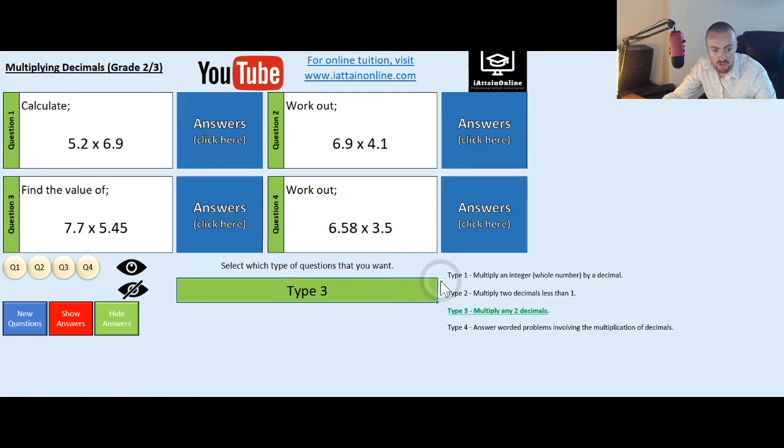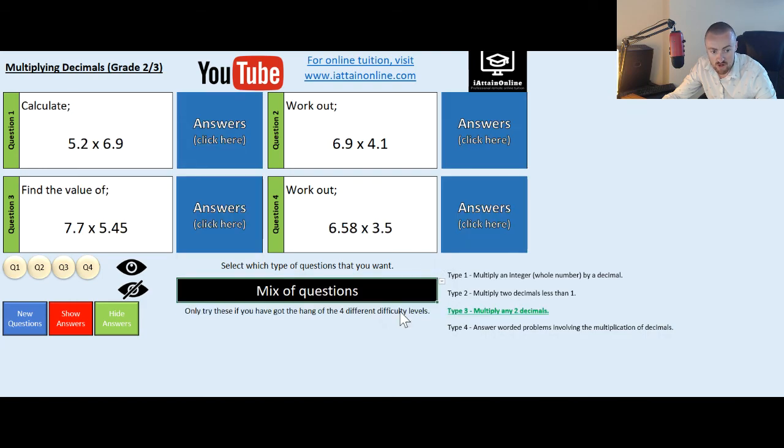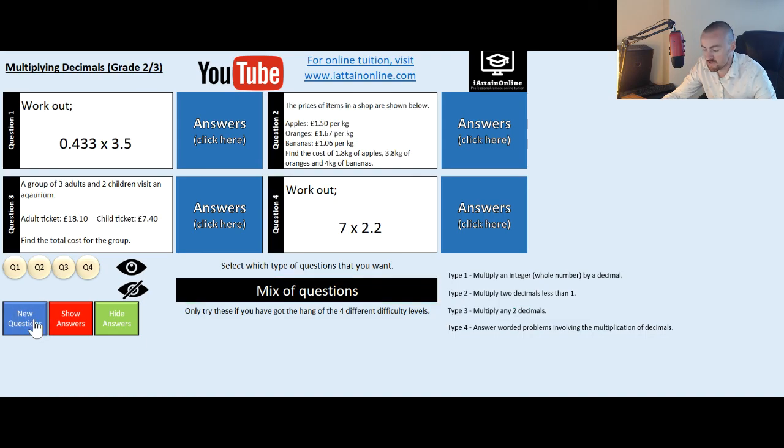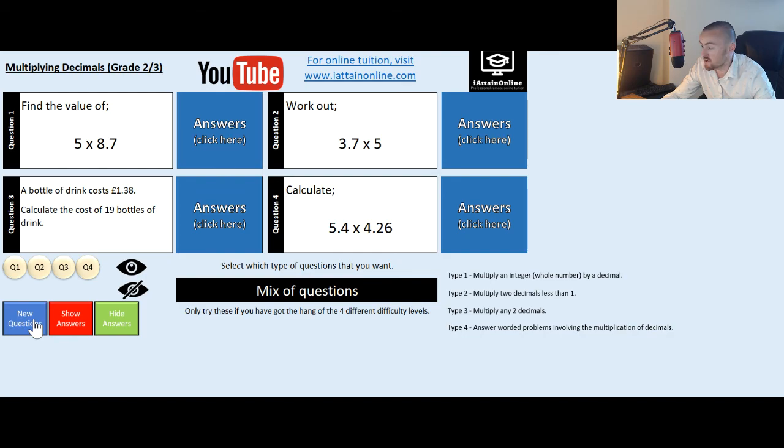Once you've had a go at doing all of them and you're feeling confident, I would suggest selecting mix of questions, because in an exam or a test it never says to you, this is an example of an easy question, this is an example of a difficult question. You need to be able to pick out what it's asking you. So if you can do all of them, it's a good idea to try the mix of questions because that shows a really good understanding of the topic.